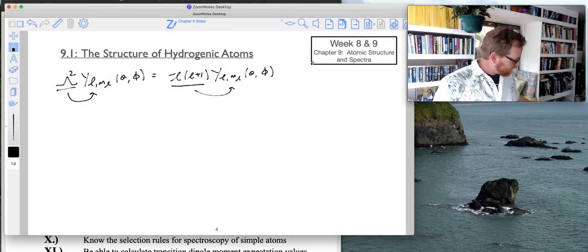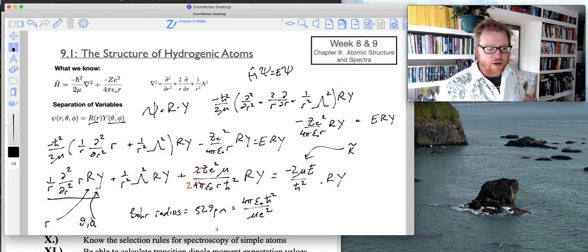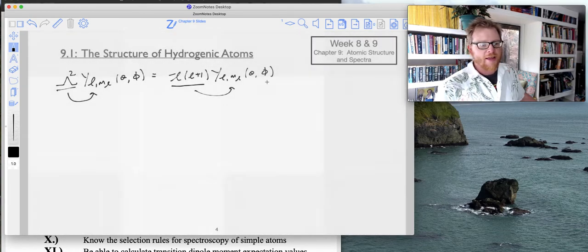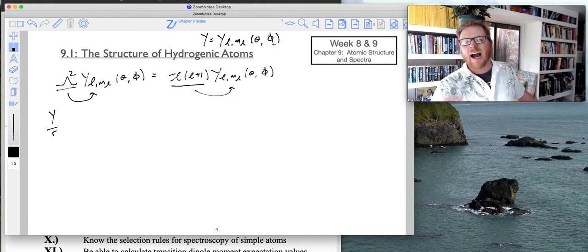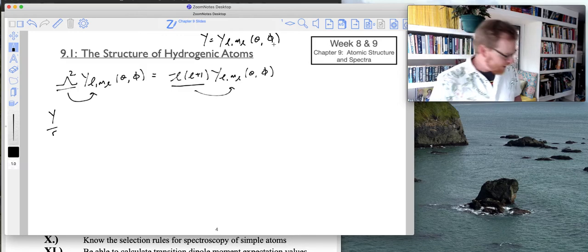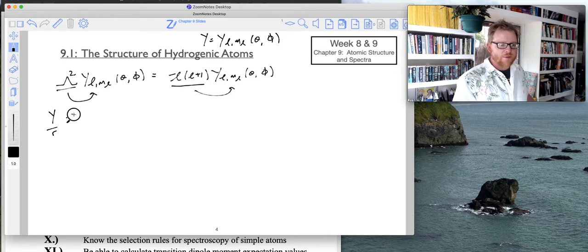So when we do all of that, and I don't want to rewrite that big cumbersome equation, I'm going to focus now on rewriting this big equation at the bottom and taking out all of those dependencies. Let's focus on this first term. That first term is going to become big Y, where my big Y equals my Y_L^M_L of theta and phi. I'm only writing Y to make it easier to write. So that becomes Y divided by R times the second derivative in r times R times r.